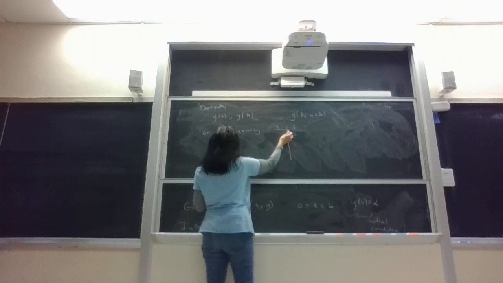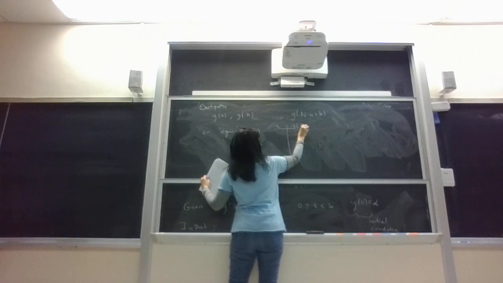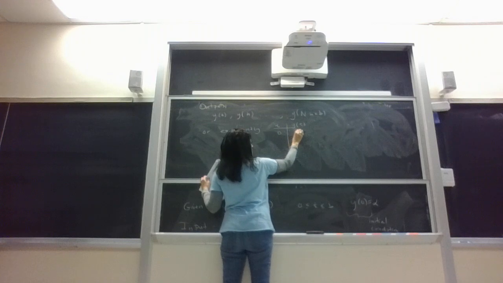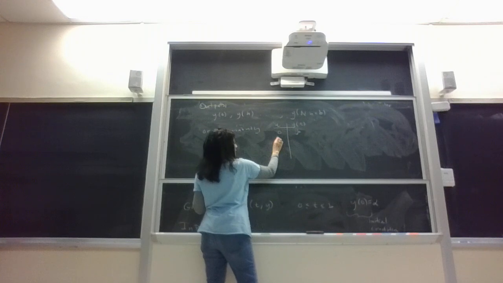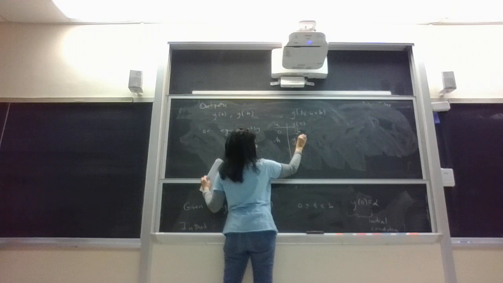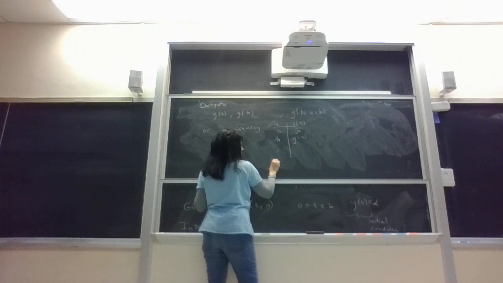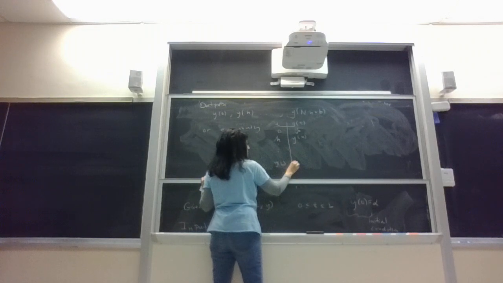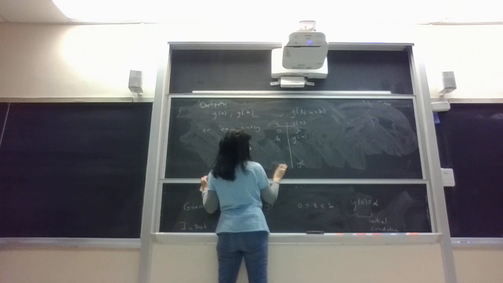So I'm just going to put y as an approximation. So you'll have this, that's your initial condition. And then you'll have h, y at h, ... and the last one will be y at b.